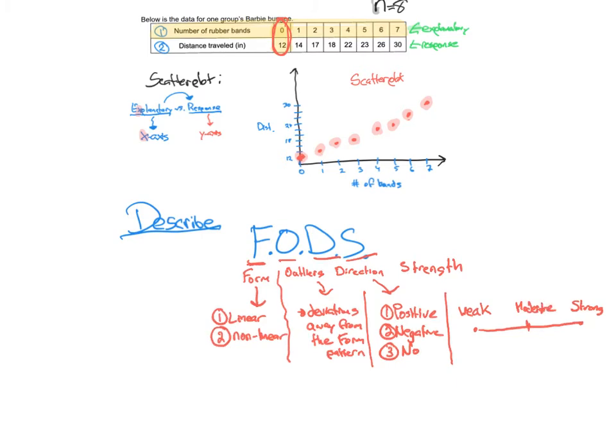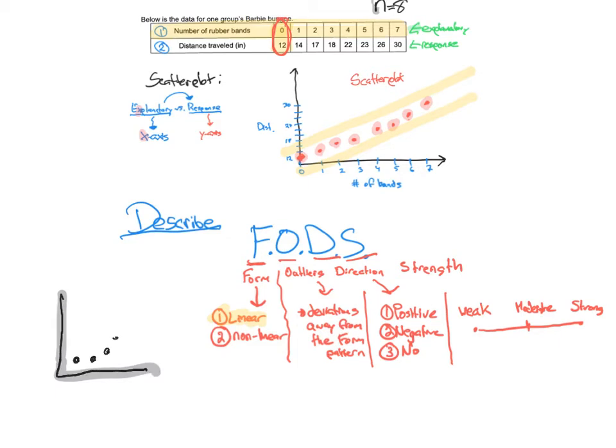So let's look at this one that I've got going up here. Back to our scatter plot. Form. If I were to put barriers around the outside, can I make a really nice straight line? If so, we'll call it linear. If I had a data set, look in the bottom left of the screen here, let's just say it looks like this.